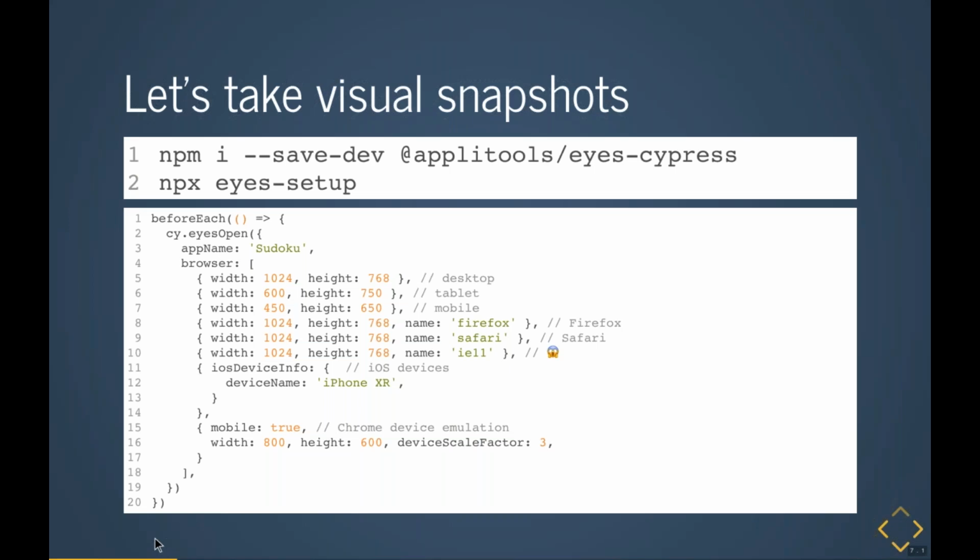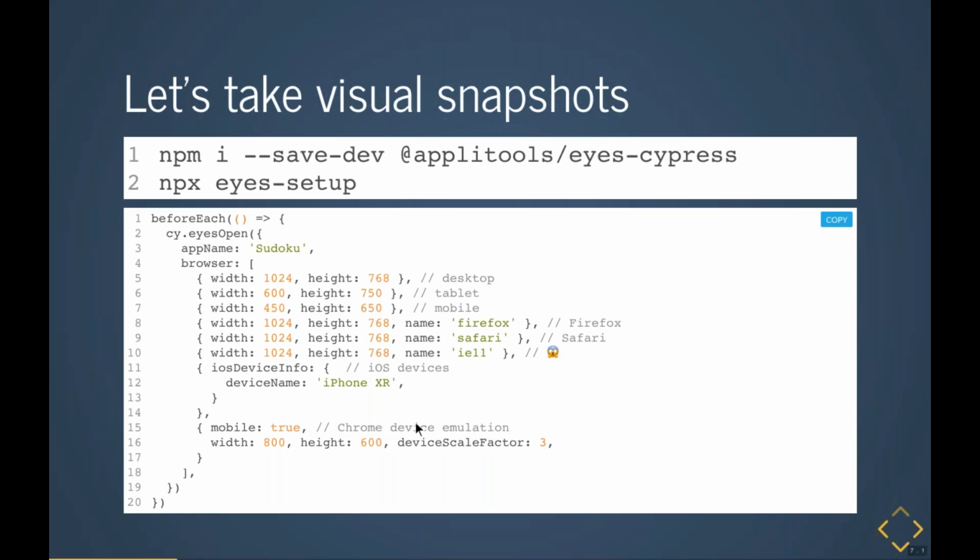But remember that not all browsers are the same, so we would really like to see the application as it is on Firefox, let's say Safari, and horror of horrors, if we need to support IE11, then yes, IE11. Applitools goes a long way to supporting as many browsers as you need. So not only do we support various widths, but also various browsers.